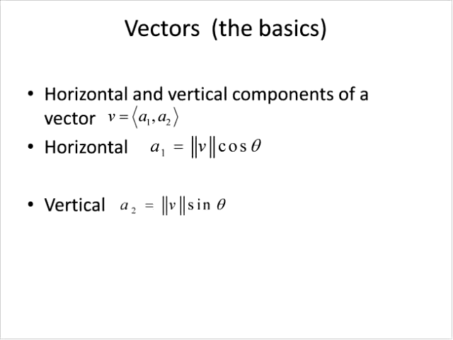Vectors can be thought to be made up of vertical and horizontal components. So again, if I had this vector, and that's the vector <2, 3> again, it could be thought of as being made up of a horizontal component and a vertical component.